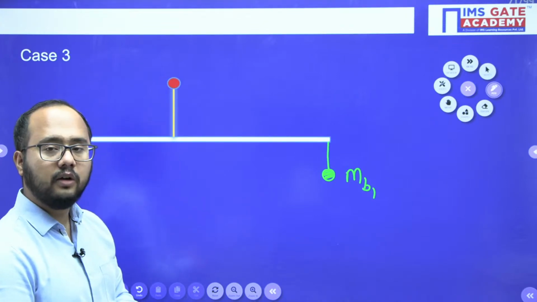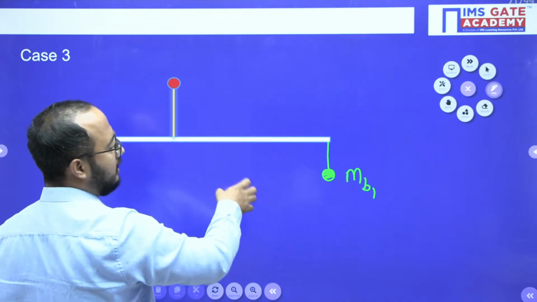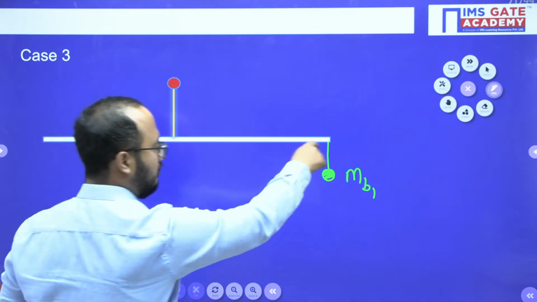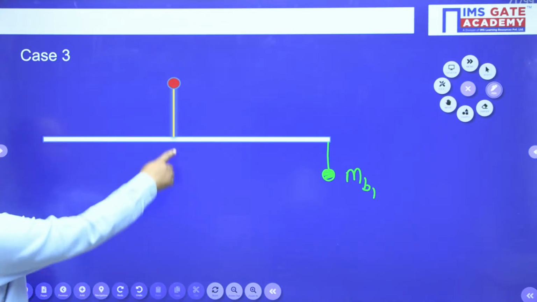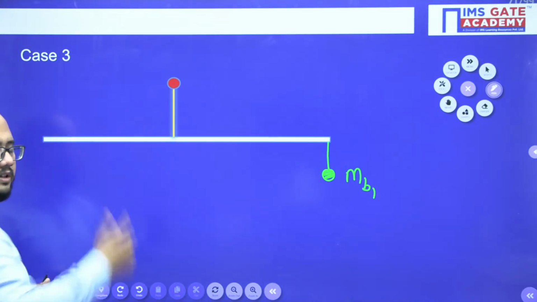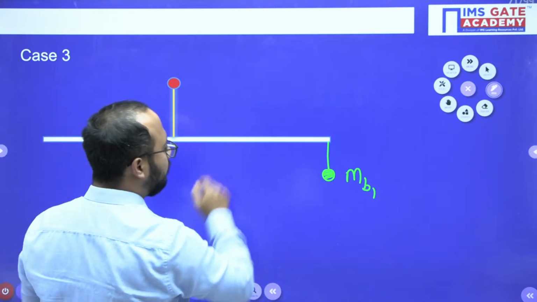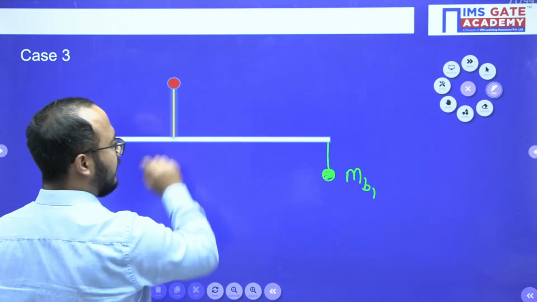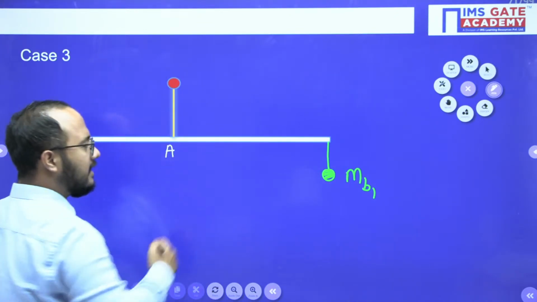So what will we do here? Let's suppose you say, sir, I will place the mass here. Again, it has a clockwise moment. Considering this point, you will have a clockwise moment. So you have to place the mass here in such a way that, let's suppose this is point A, at point A the net moment has to be 0.